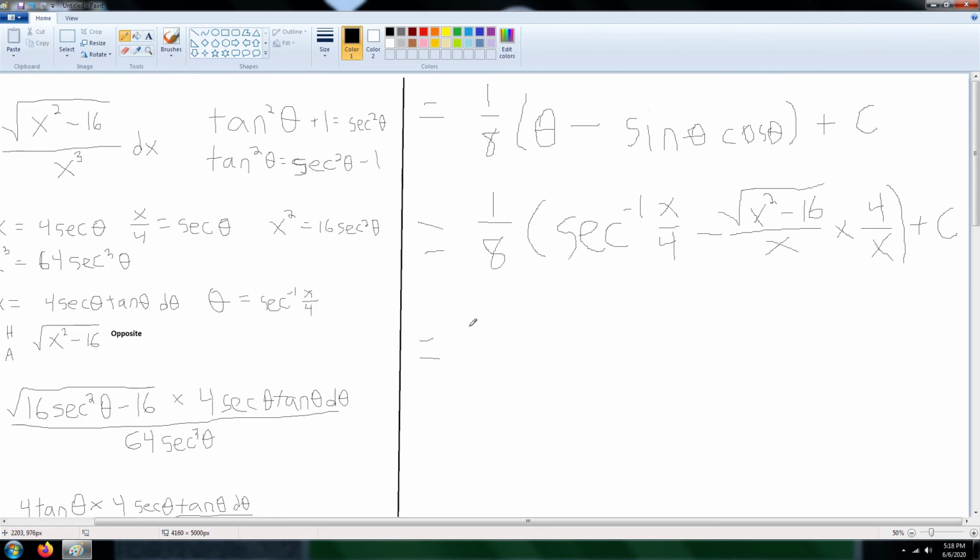And then that's going to equal 1/8 inverse secant of x/4 minus 4 times the square root of x squared minus 16.